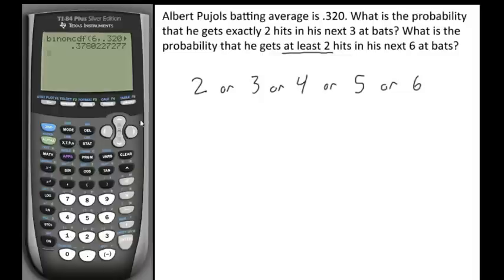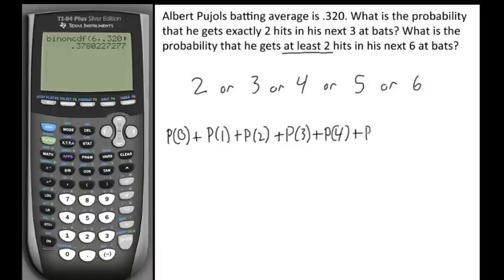So one thing we know about this problem is that the probability that he gets 0 hits plus the probability that he gets 1 hit plus the probability of 2 hits plus the probability of 3 hits plus the probability of 4 hits plus the probability of 5 hits plus the probability of 6 hits all has to sum up to 1. So if he's going to go to bat 6 times, he is either going to get 0, 1, 2, 3, 4, 5, or 6 hits. One of those has to happen.